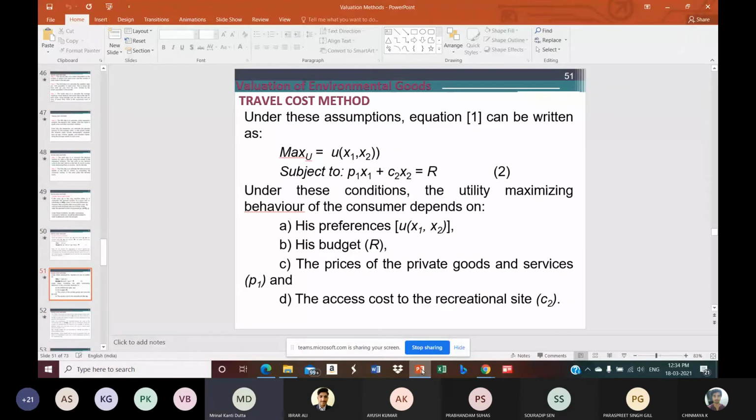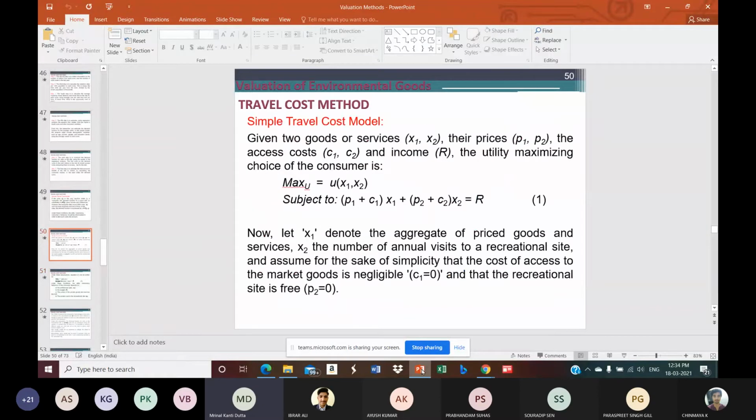this utility maximizing function can be reconstituted something like this. The optimization problem will be something like this, where the utility function has to be maximized subject to the condition that P1 X1 plus C2 X2 is equal to R. Here, when we are saying P1 X1, we are assuming that C1 is equal to 0. That means the cost of access to the market good is 0.